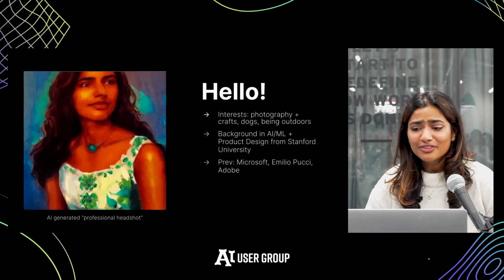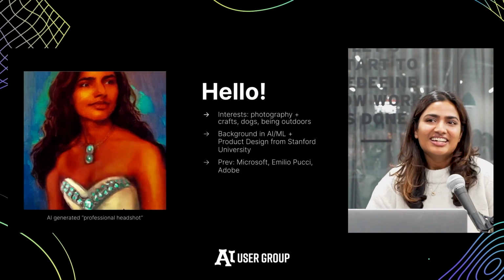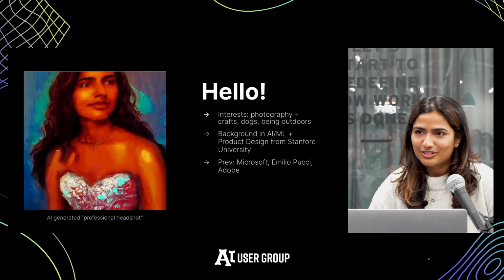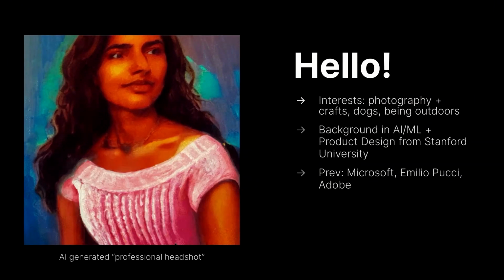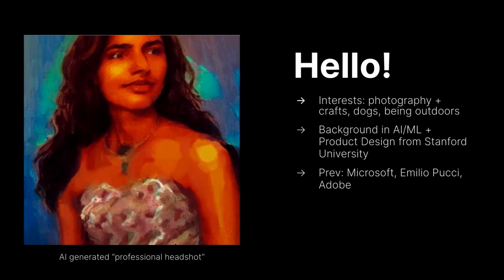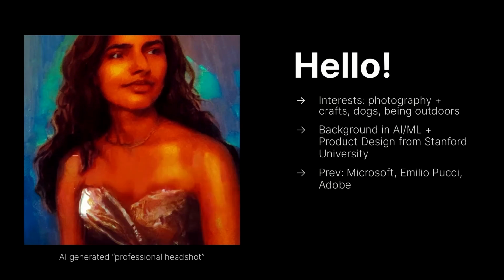But first, a little bit about me. Again, I'm Vedi. I have a background in product design and machine learning from Stanford. I've always been very curious about this intersection, and I've been curious about photography since I was a little kid.